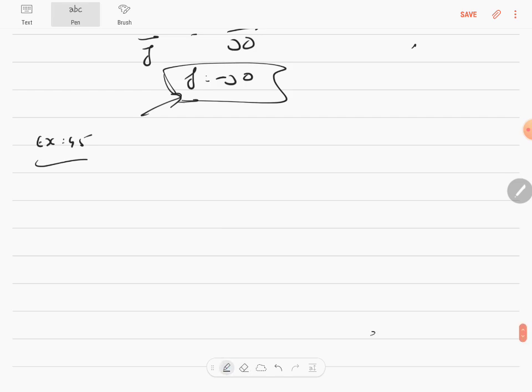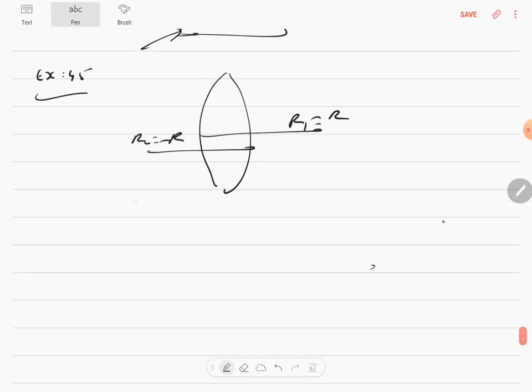Example 45. The radius of curvature of a double convex lens. This radius is R1, which is positive, is equal to R. This radius is R2, which is minus R. And 1 by f is equal to mu minus 1 into 1 by R1 minus 1 by R2.